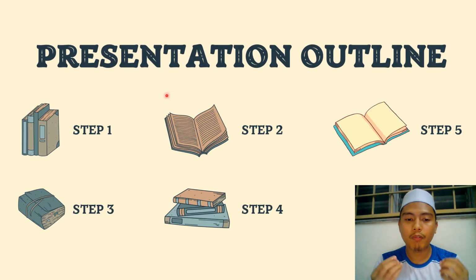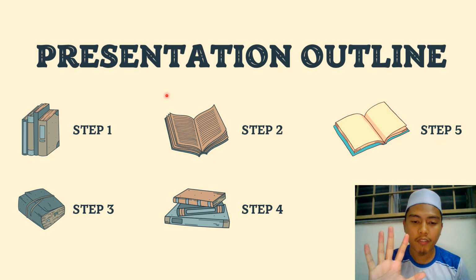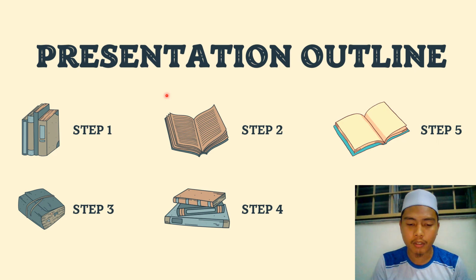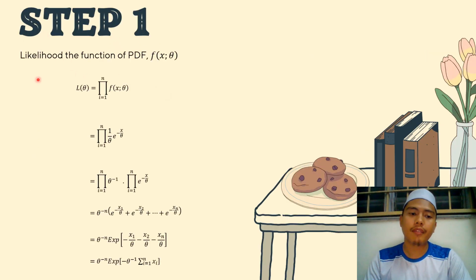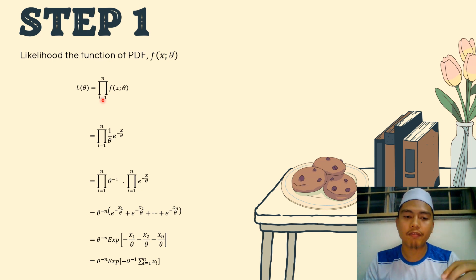Before we focus on the solution of this question, there are 5 steps that we need to apply to solve it. Step 1 is the likelihood function of the PDF, f(x; theta). The likelihood function is the multiplication of the PDF.